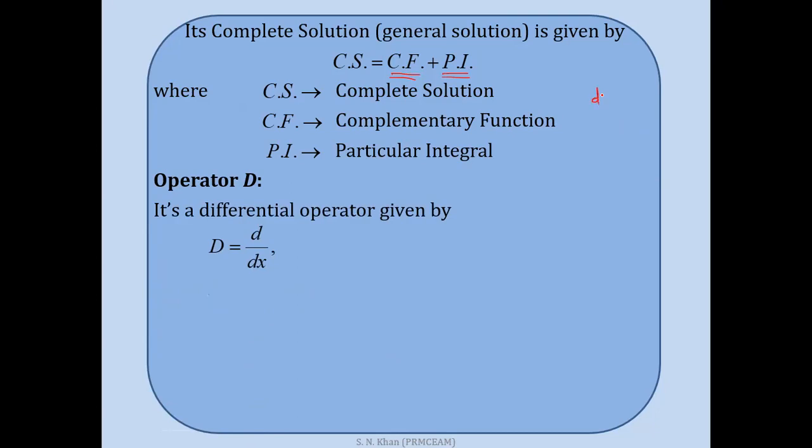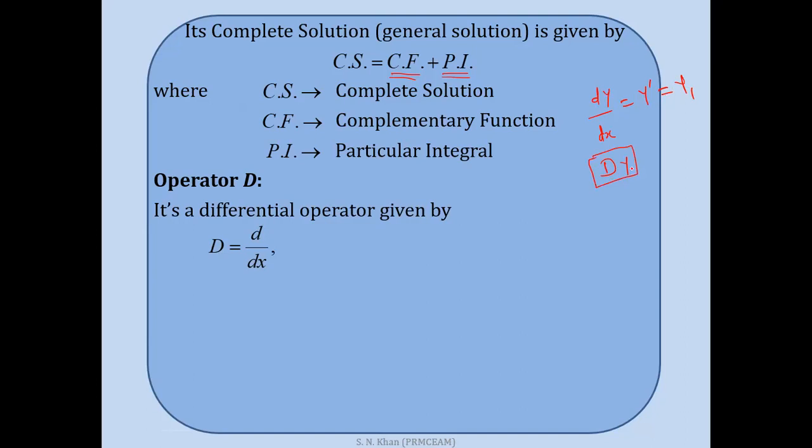Somewhere we use the notation for the derivative of y as dy by dx. Somewhere we use y dash also. And somewhere we can write it as y1 also. And similarly, we can write it as capital D operating on y. This is again a method for denoting a derivative.